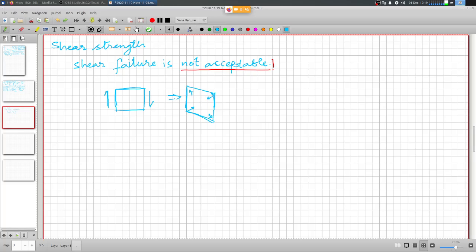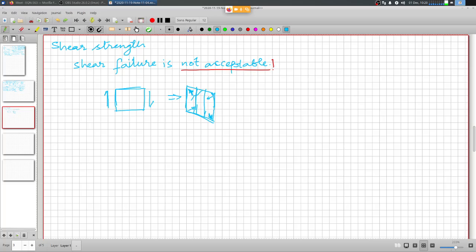Obviously the concrete section is inherently strong in compression, but its tensile strength is extremely low. So you need to take care of this diagonal tension because of shear, and that is where, if you have sufficient stirrups, lateral ties intersecting this line of tension, they will be able to take up this diagonal tension.